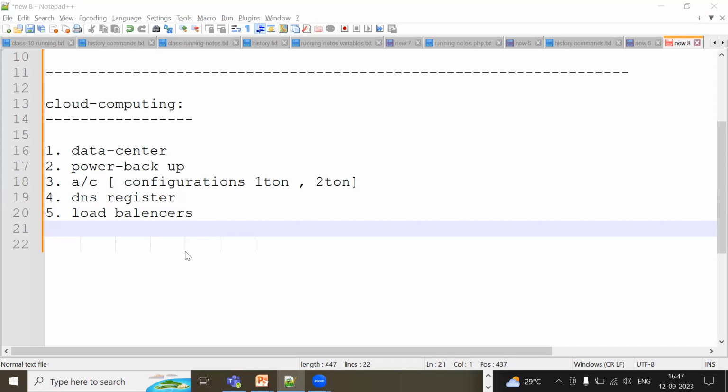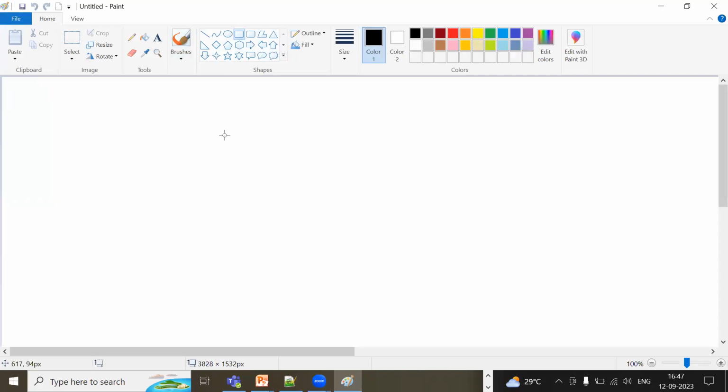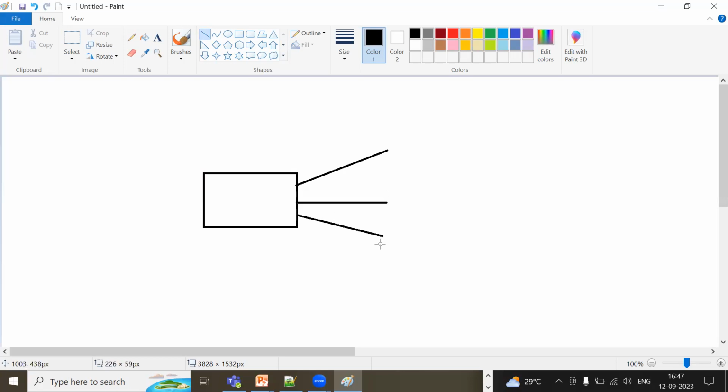So for example, this is your load balancer. A load balancer is a particular server which is configured with respect to different servers on-prem. What it does is distribute the traffic to various servers and try to get the response, that is, deliver the response.